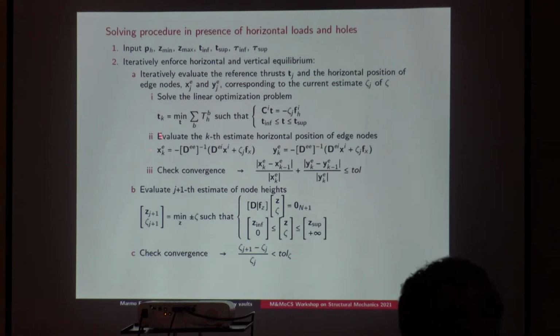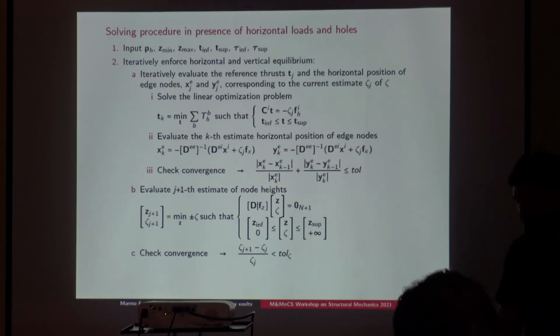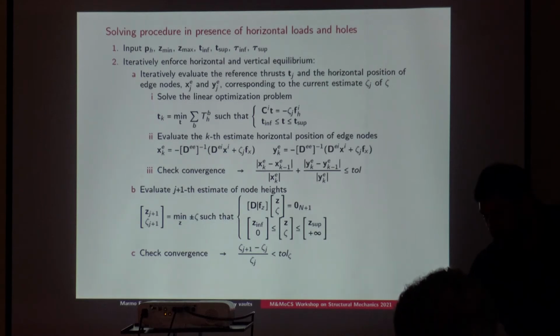If we have free edges, we have to add a few equations to evaluate the horizontal position of nodes, and this is made basically by application of the force density method applied only on the free boundary of the structure, so that we are able to compute the horizontal position of nodes on the free boundary of the structure.